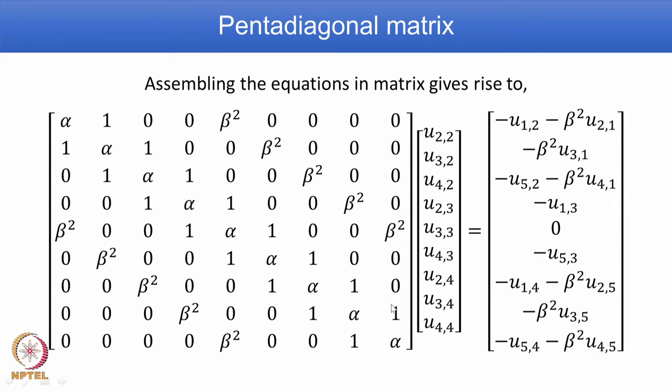If you look at this matrix, then along the diagonal you have alpha, then immediately above super diagonal, immediately below subdiagonal, then there are two zero entries, then you have beta squared that is also appearing parallel to the diagonal on the upper side as well as on the lower side. So, this is one form of a sparse matrix, and all the unknown u vector are given, then known coefficient value is given on the right side.